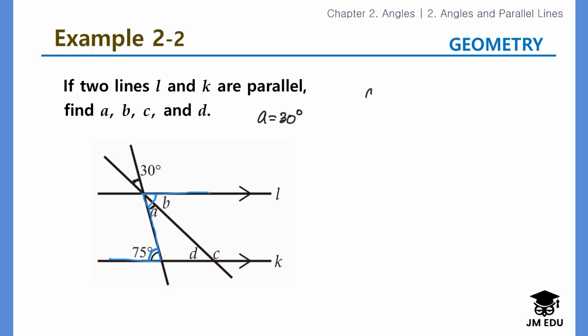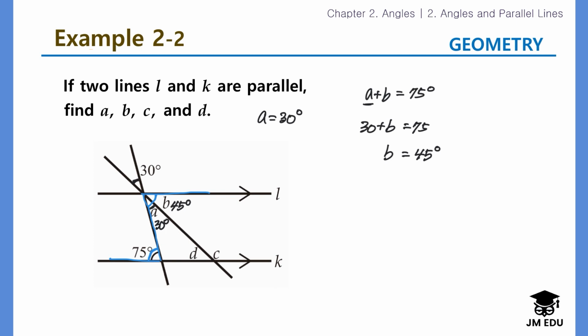So A plus B must be equal to 75 degrees. And we know that A is 30 degrees. So 30 plus B is 75. So B is what? Minus 30 each side, 45 degrees, right? So that's 30 degrees right here. This is 45 degrees.